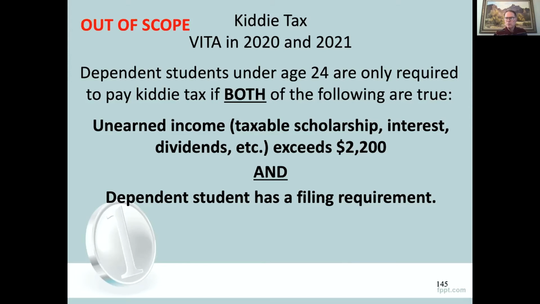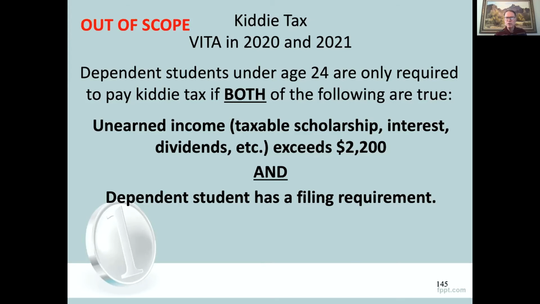So if a student comes to me and says, here's my 1098-T, and they got a $5,000 scholarship, and they only used $2,000 for qualified expenses, so they have $3,000 of unearned income. So it exceeds that $2,200. Then I have to look at, do they have a filing requirement? So I look at, okay, what was your total income of earned income?